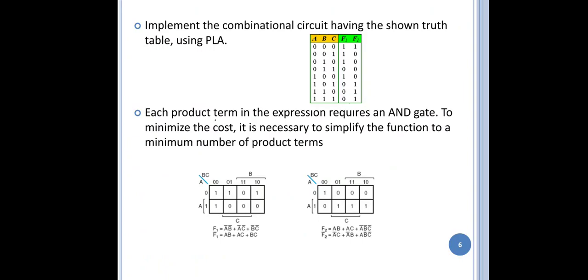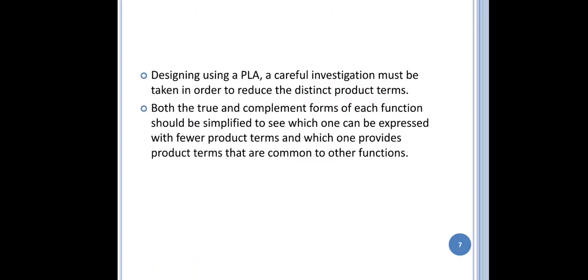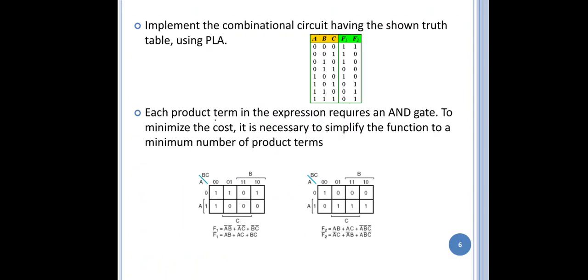The second criterion is the terms which are common in both the functions, which provides product terms that are common to the other function and can minimize the number of product terms. So by checking these equations you can find that the number of terms in every expression is the same.